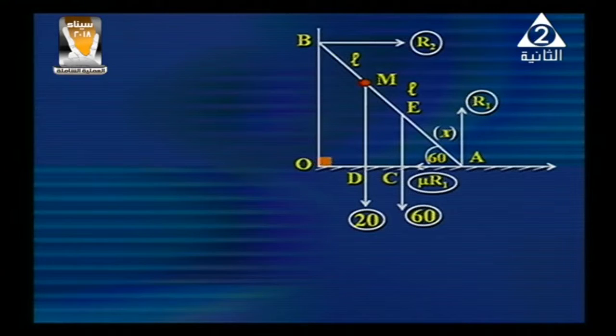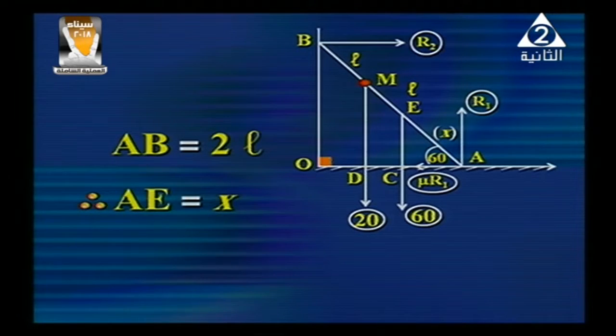Solution. Dear student, look at AB, it's uniform. Look, AB length equals L, then AE equals X. Why? Because AM equals L, AX equals L. Then by using the equation of equilibrium, R1 equals 80.